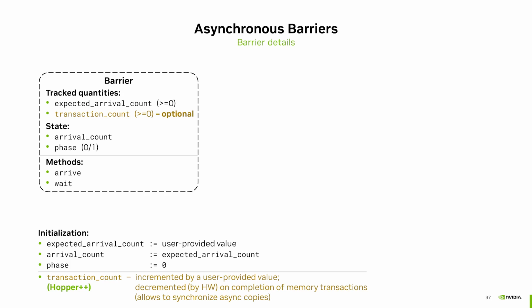On initialization, both expected arrival count and current arrival count are initialized to the same user-provided value, and phase is initialized to 0. Transaction count can be incremented separately by a user, and it's automatically decremented by hardware on completion of memory transactions, which allows us to synchronize async copies, as you'll see in the next item of my presentation.